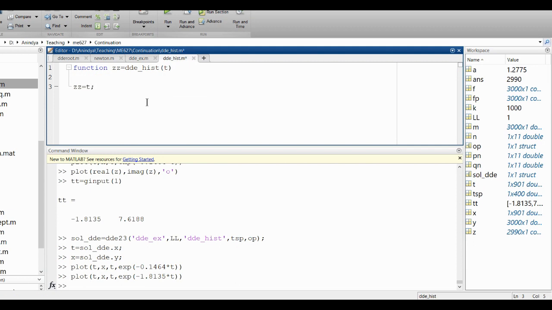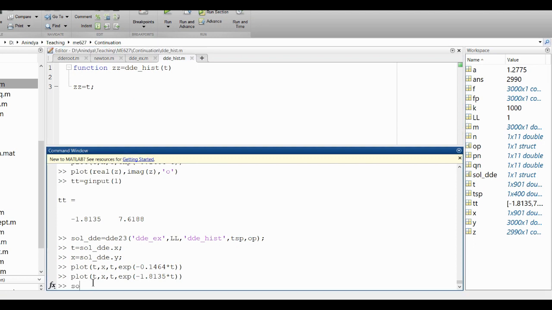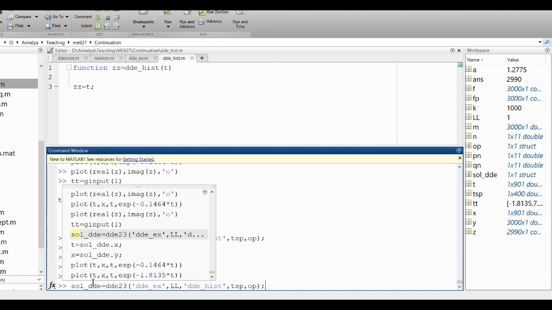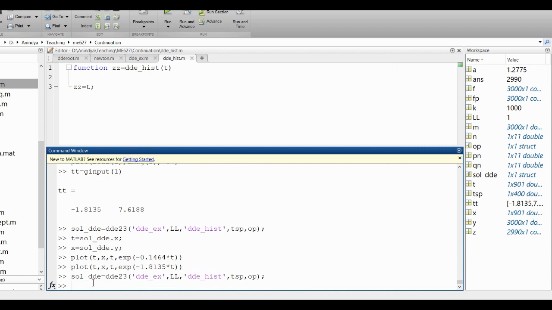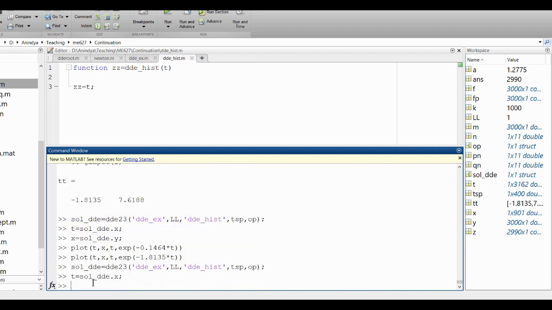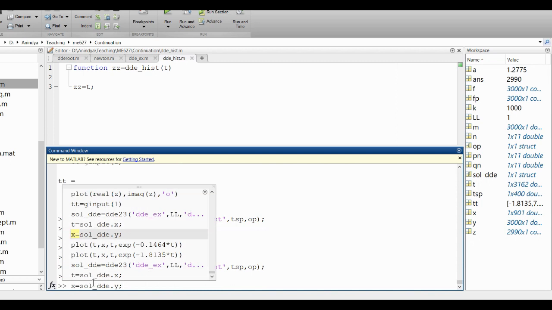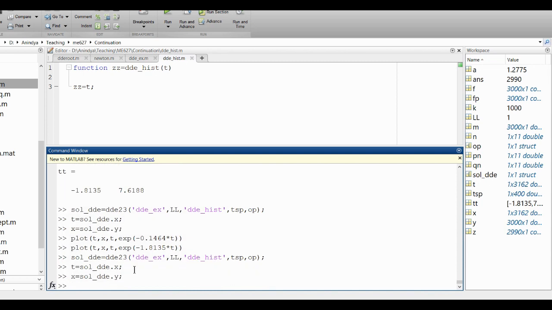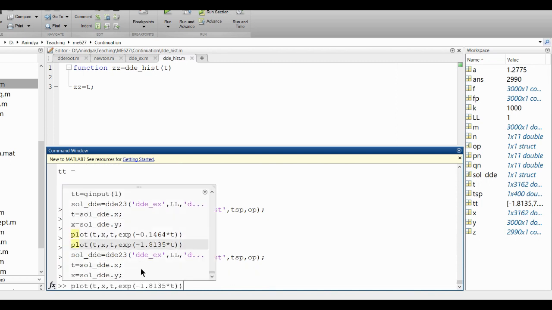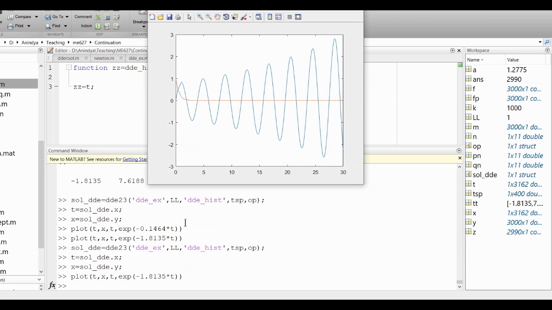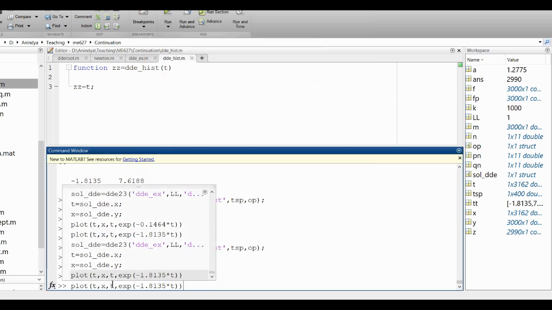It doesn't matter, some initial condition, and then I say solve. There you go. And then we will say t equals and x equals, and this time we expect a growing solution, okay. So here, this exponential has no business being there. It is no longer relevant.